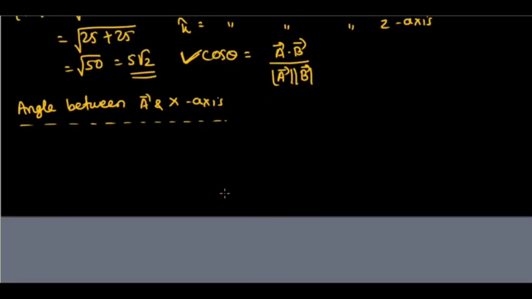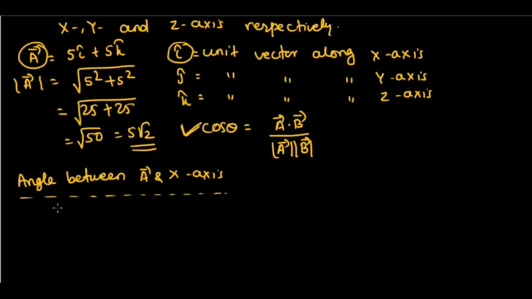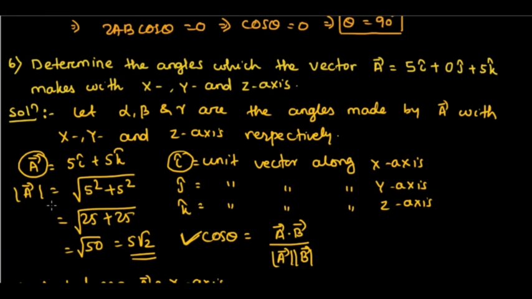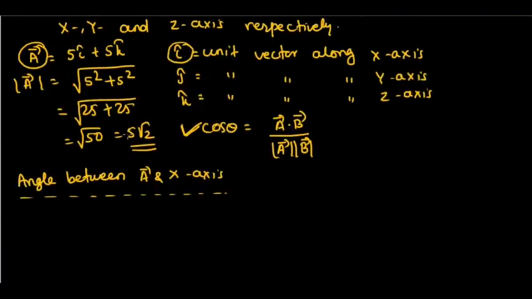We assume that alpha is the angle between a vector and x axis. So cos alpha will be a vector dot I cap divided by a vector magnitude into I cap magnitude. In place of b vector I can put I cap because I am talking about x axis.